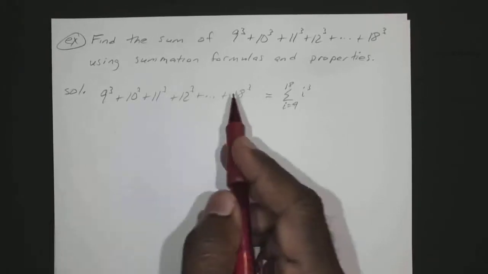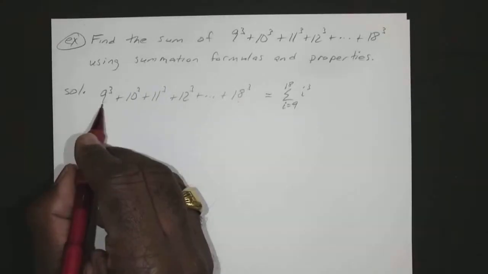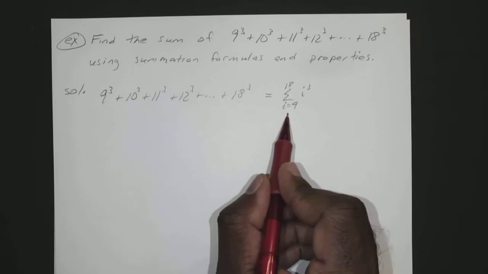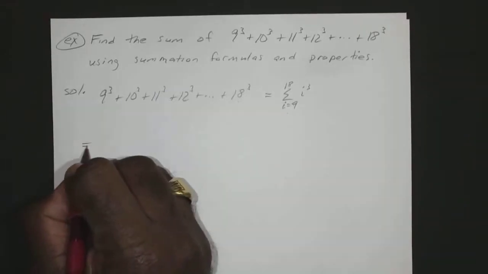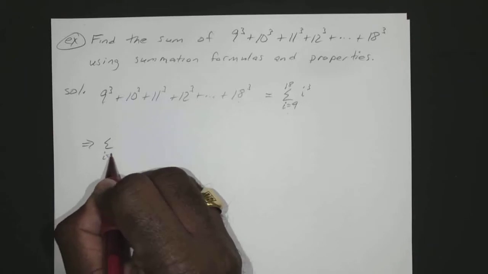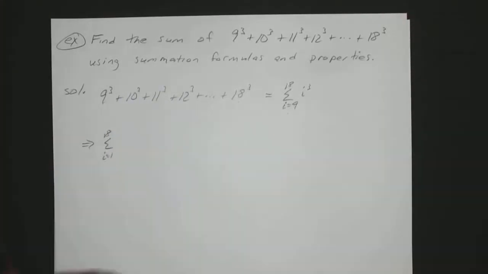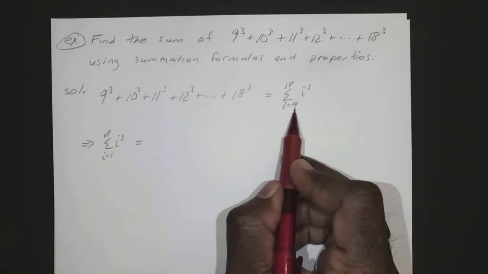Okay. Now we have to actually find the sum. But it has to go from 1 in order for us to use our formulas. Can't use it if it starts at 9. Okay. Now the one thing we do know, the sum from i equals 1 to 18 of i to the third, we can actually stop it at 9.